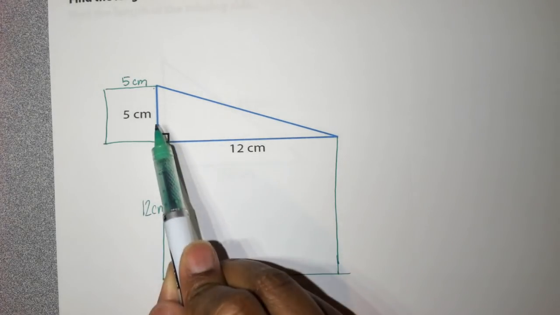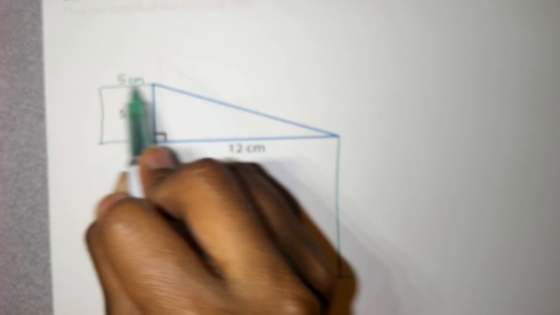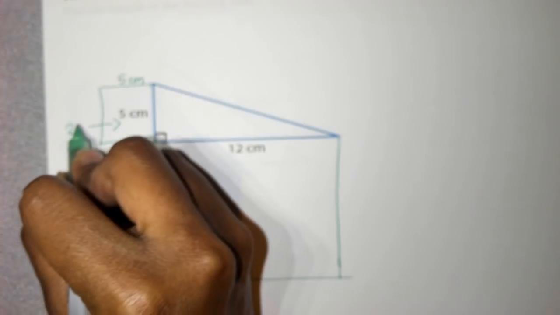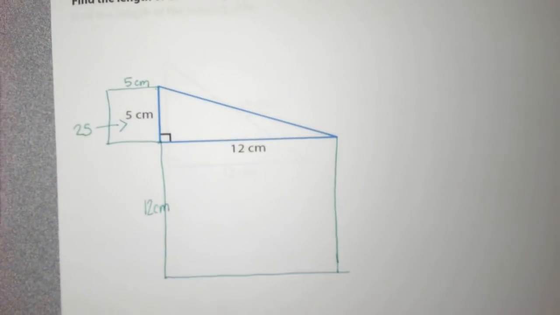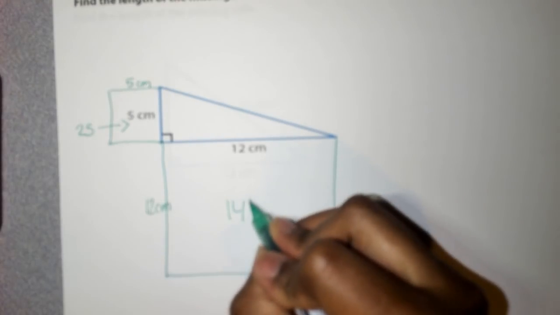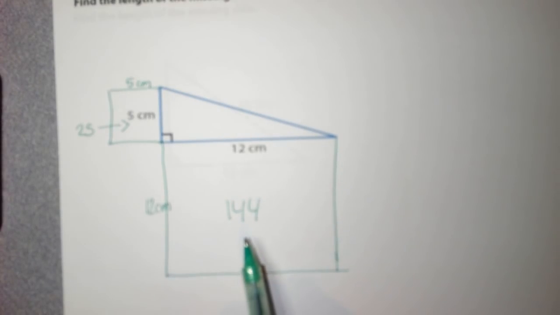So my 5 by 5 square, when I multiply 5 rows of 5, I have 25 squares inside of there. When I multiply my 12 by 12 square, I have 144 squares inside of there.